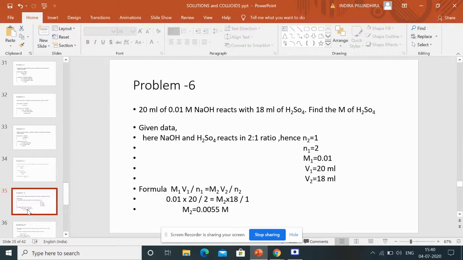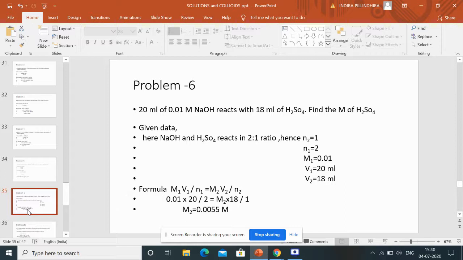That means 2 moles of NaOH react with 1 mole of sulfuric acid. So we'll write N2 as 1, N1 as 2, and M1 as 0.01, V1 as 20 ml, V2 is 18 ml. Okay? While entering the data, we should be very careful, very slowly.